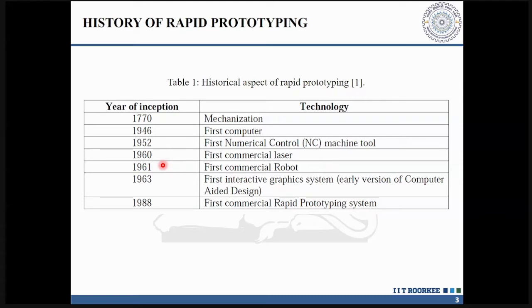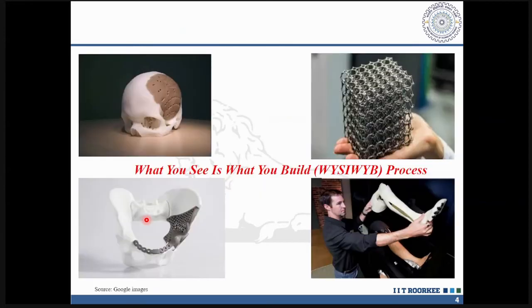And when we talk about the soft model, we require certain solid modeling techniques. So CAD was invented in 63. When all these things amalgamated and were brought on a single platform, it was in 88 that the first rapid prototyping system was fabricated. That prototyping system was an SLA. That was one of the techniques of fabricating that particular prototype in a rapid manner.